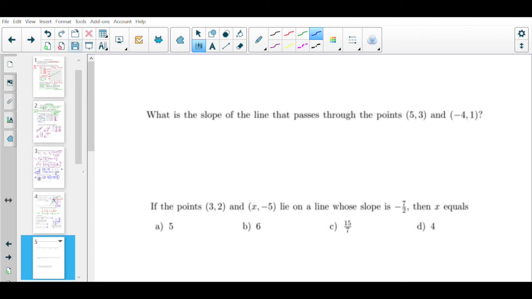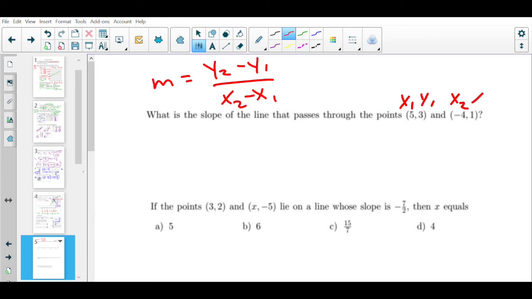More practice. What is the slope of the line that passes through the points 5, 3, and -4, 1? Let's just write this up here so we don't forget. Slope equals y2 minus y1 over x2 minus x1. If it helps, label your numbers here. That's x1, y1, x2, y2.